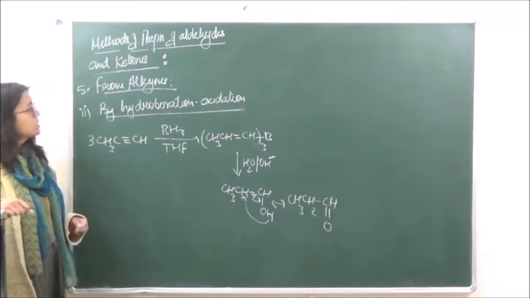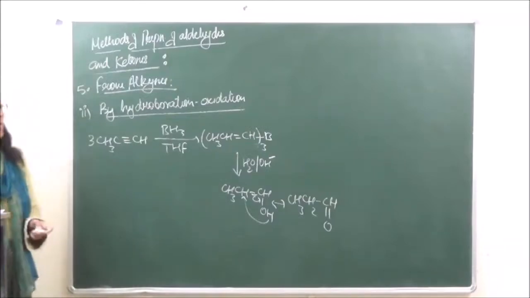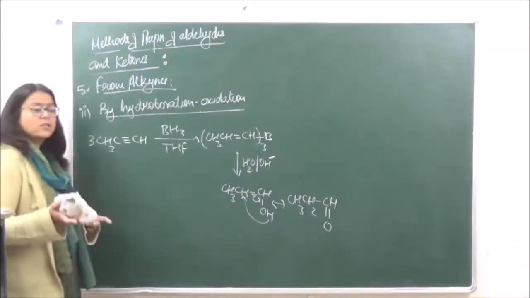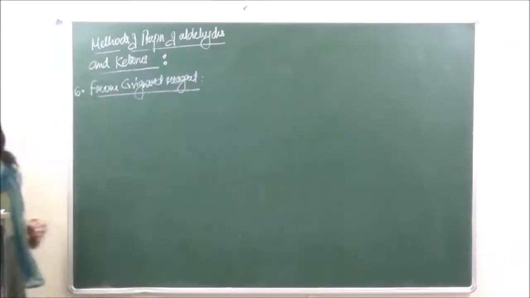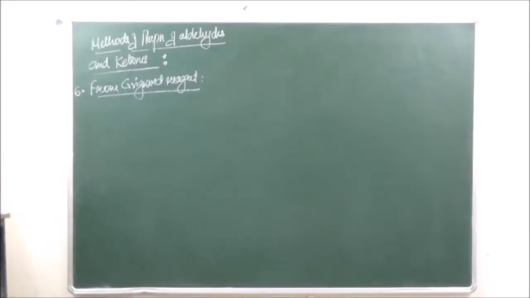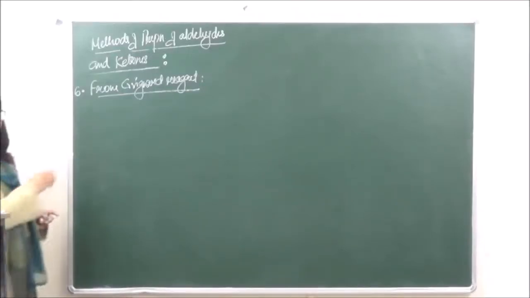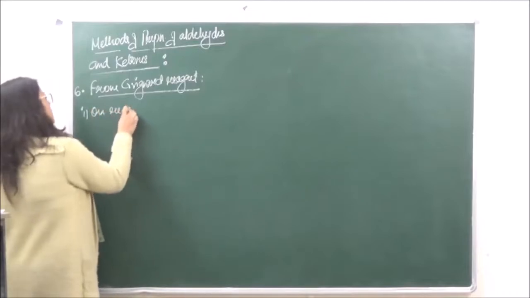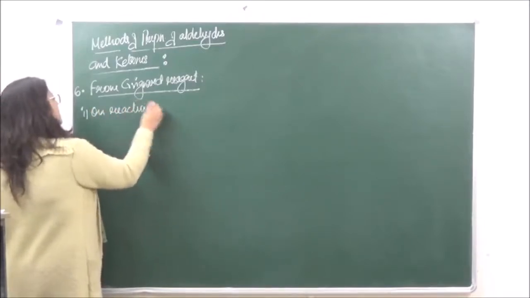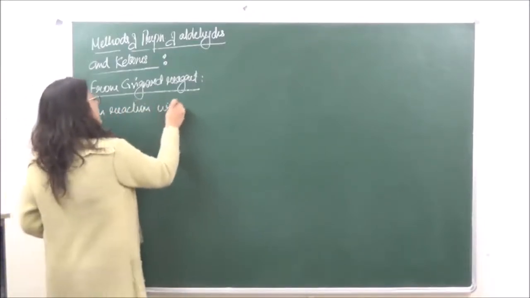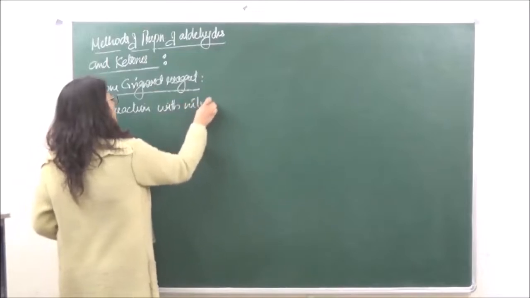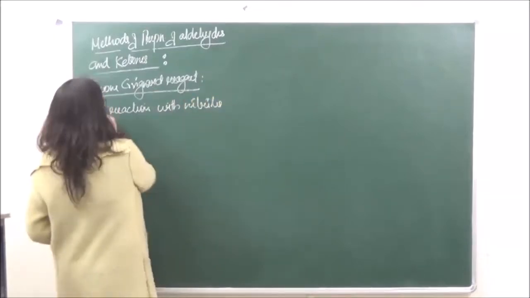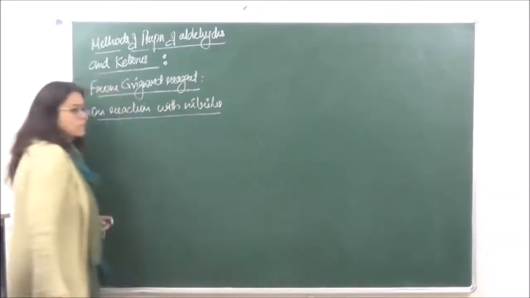Then the next reaction, sixth reaction, is from Grignard reagent. This reaction also we've already done in alcohols of Grignard reagent. Now the first reaction we are going to do over here is on reaction with nitriles.